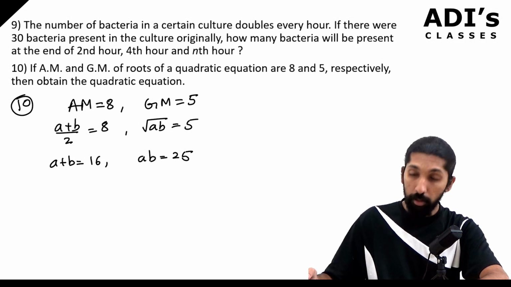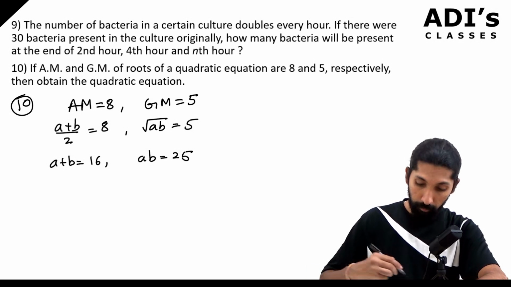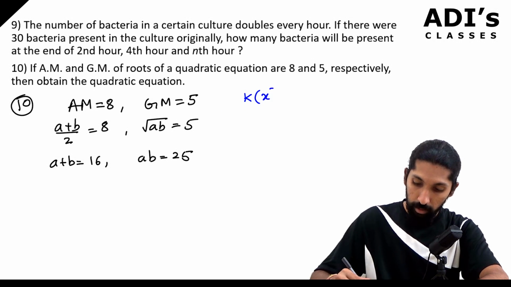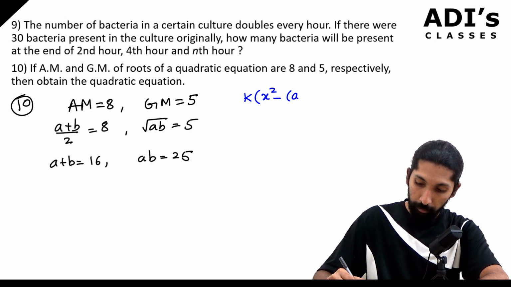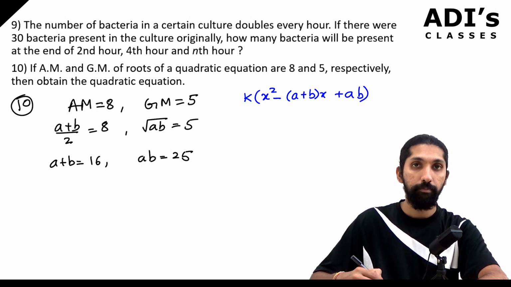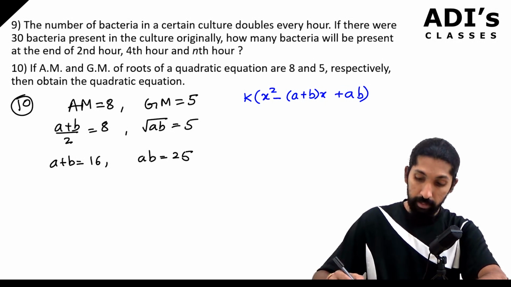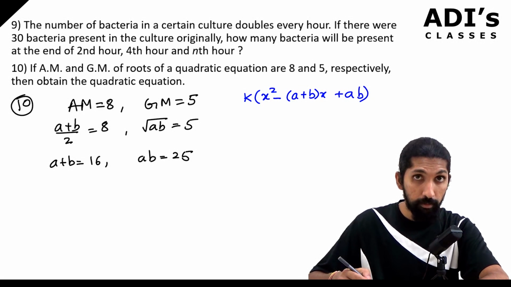Now, when we talk about a quadratic equation, how do we write it? We write it as k into x square minus (a plus b) into x plus ab, correct? Directly substitute. See, when you substitute, a plus b is 16, ab is 25, isn't it?